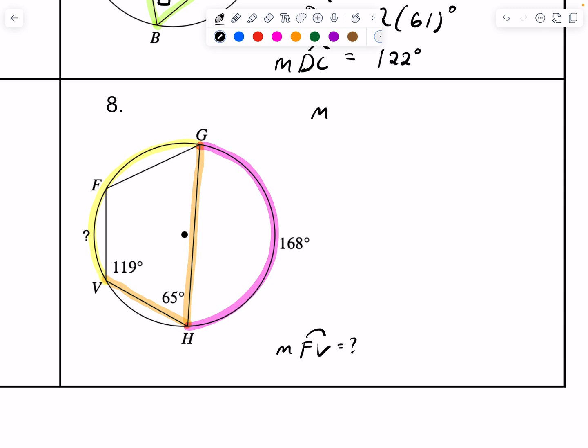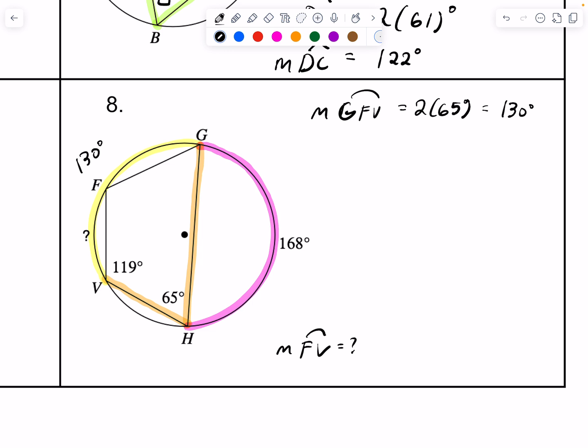So the measure of arc GFV is equal to 2 times 65 degrees, so that's going to be equal to 130 degrees. So this right here in yellow is 130 degrees, okay?